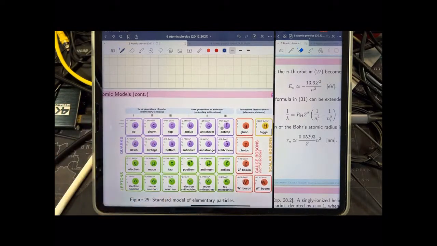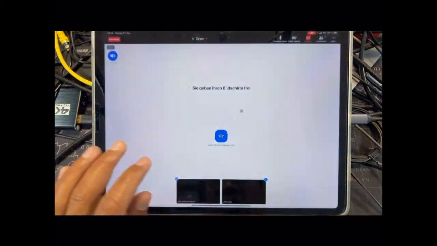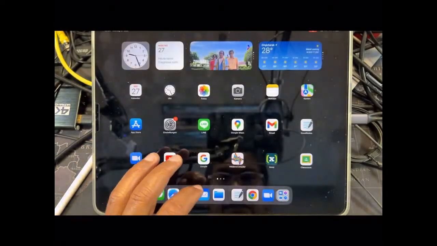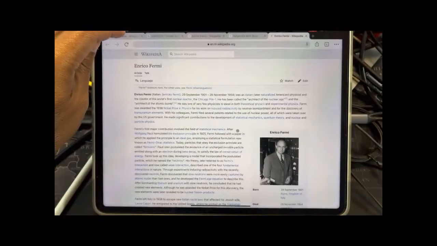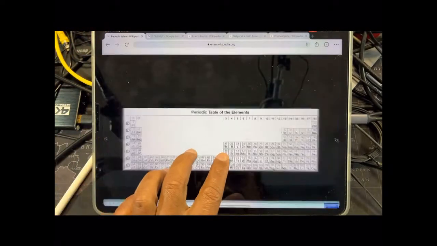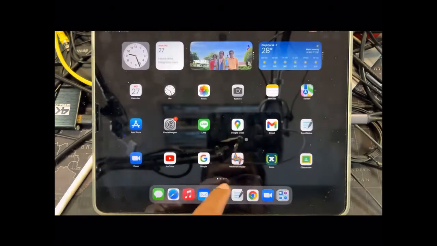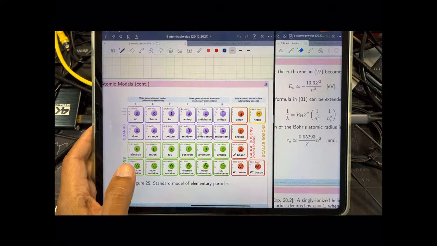This is the elementary table for the particles in physics. This is for chemistry, the table for the people working in chemistry. And here is the table for the people working in physics.